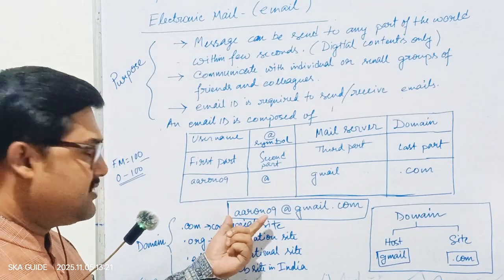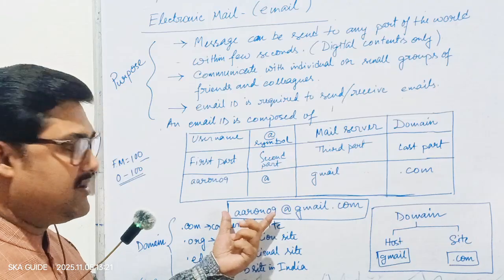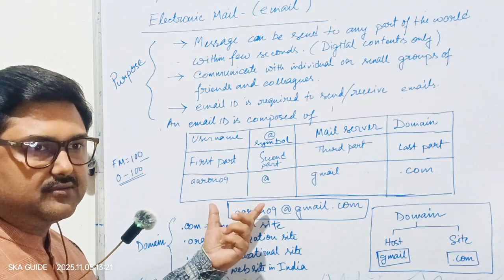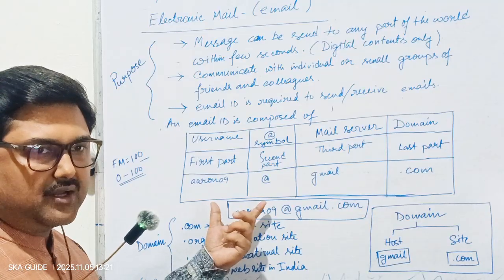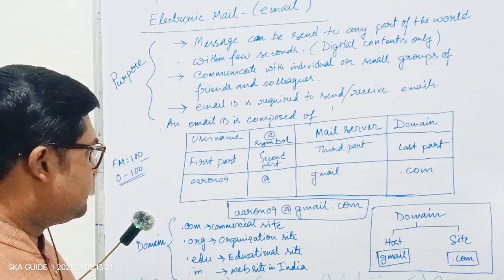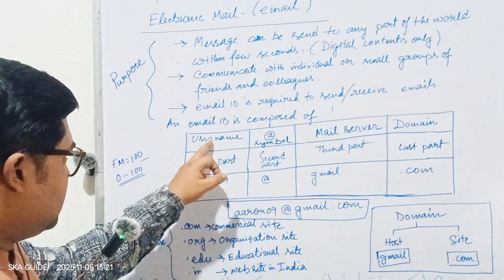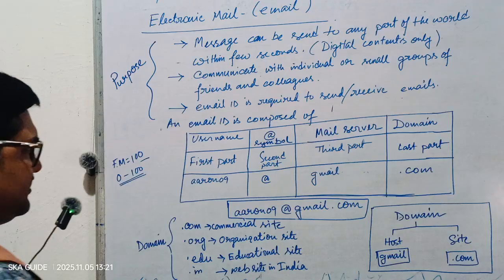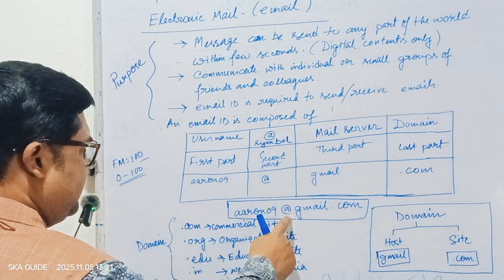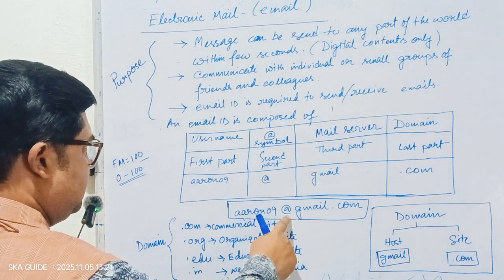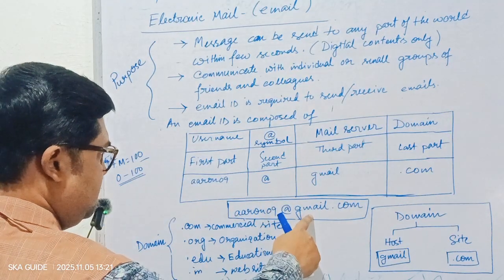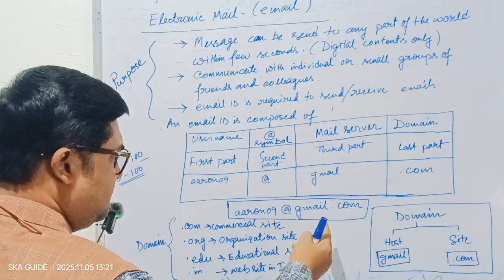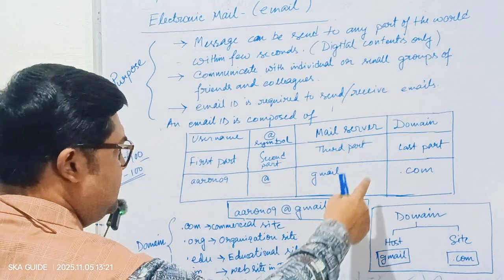But you cannot use the exact same value for more than one person. So the username should be unique. Then comes the separator, which is at the rate. Then the mail server Gmail, it may be Yahoo, it may be Hotmail, then .com, which is the domain.